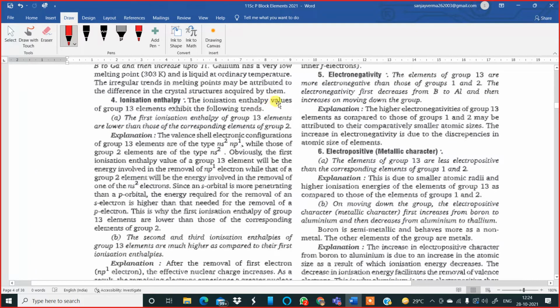Then ionization enthalpy also. The ionization enthalpy values of group 13 elements exhibit the following trends. Please underline this trend. The first ionization enthalpy of group 13 elements is lower than those of the corresponding elements of group 2. The reason is important.